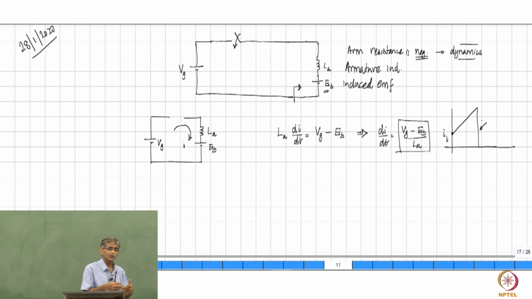So we need to allow the inductor current to continue flowing, but nevertheless cause the voltage across this as 0. So one simple solution to that is to put a diode here. How does the diode help?